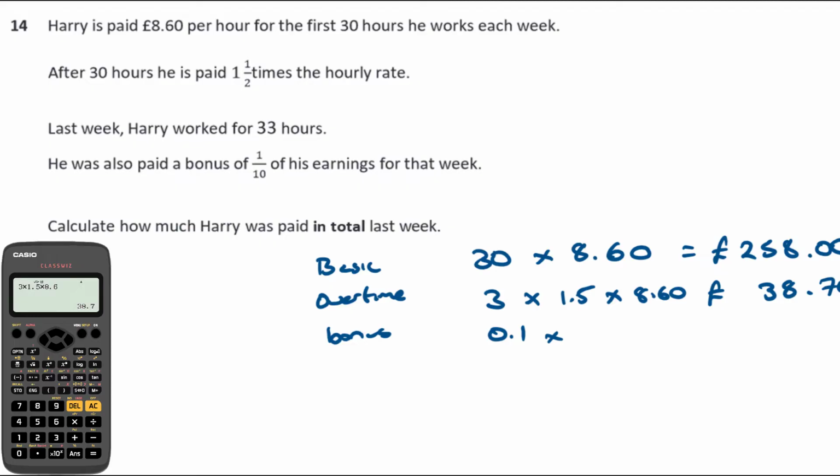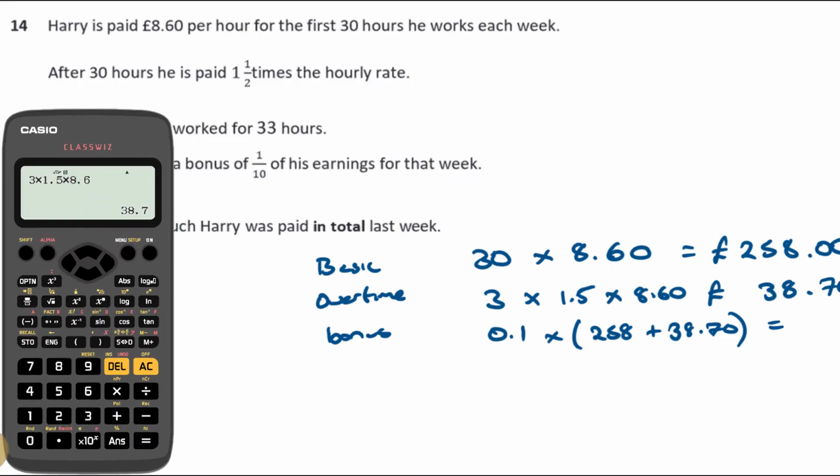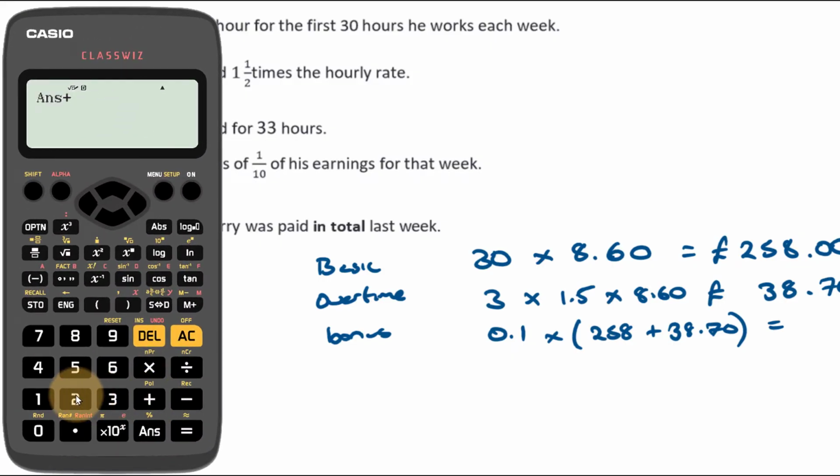So what has he earned so far? He's earned 258 plus £38.70, isn't he? So what's that then? If I add on 258 to my previous answer, that means you earn £296.70.